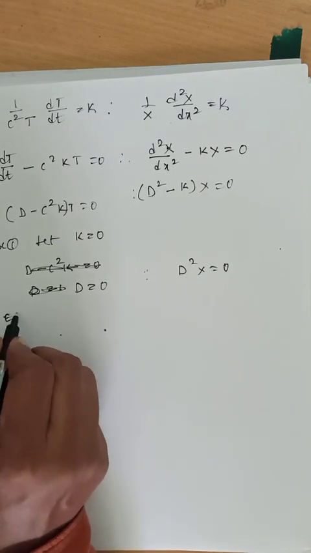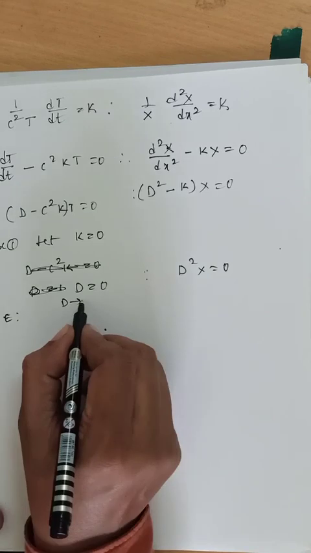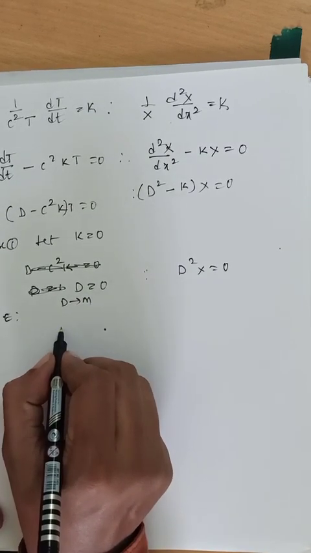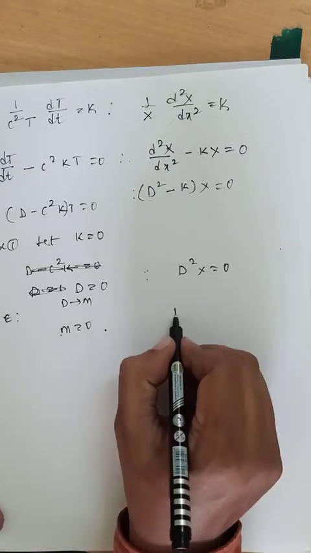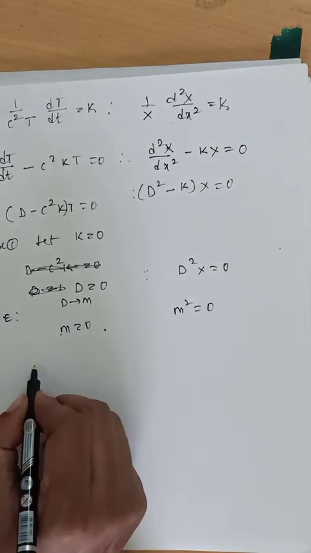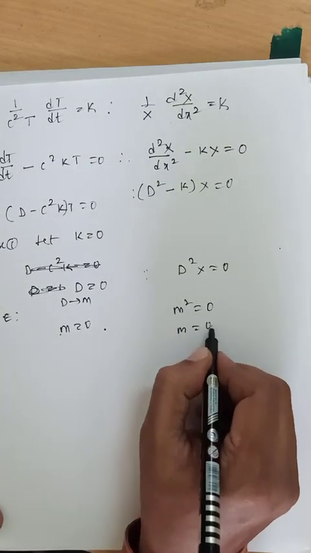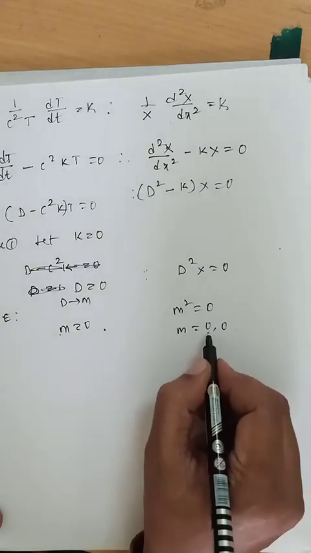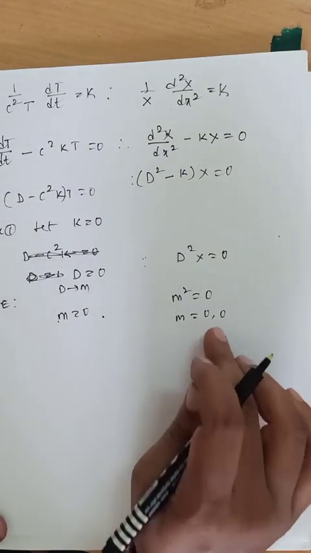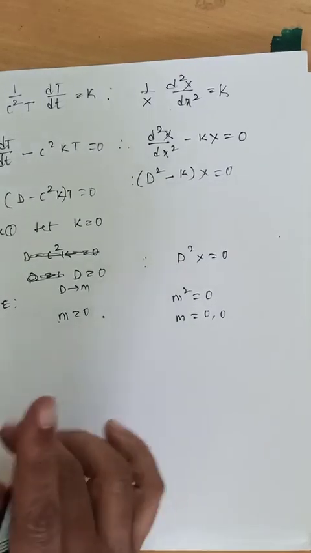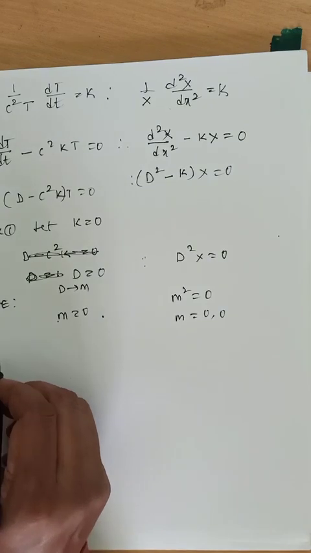Auxiliary equation, replacing D by m: m² = 0, m = 0, 0.